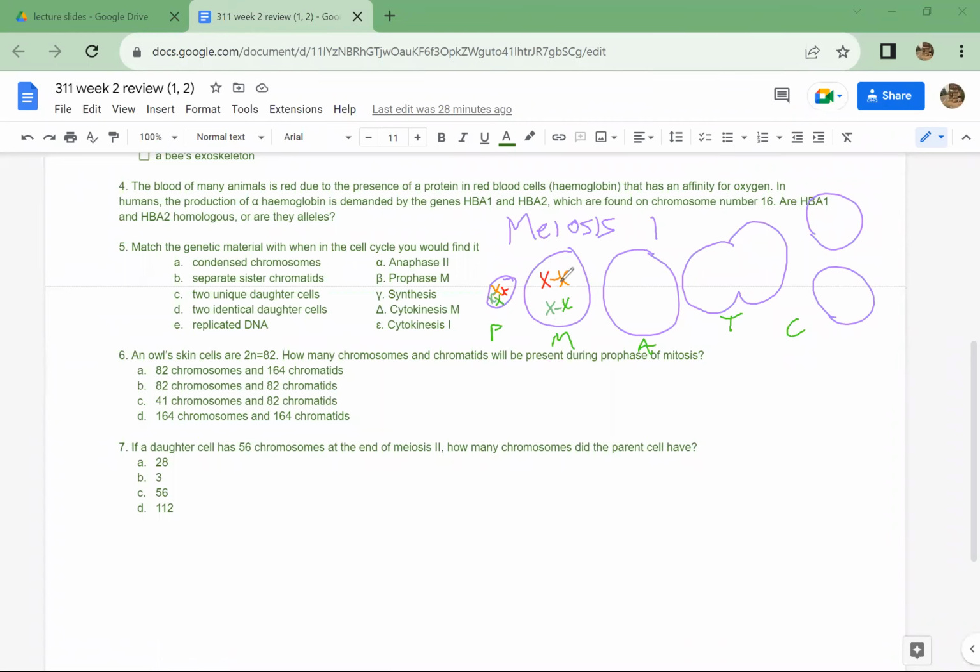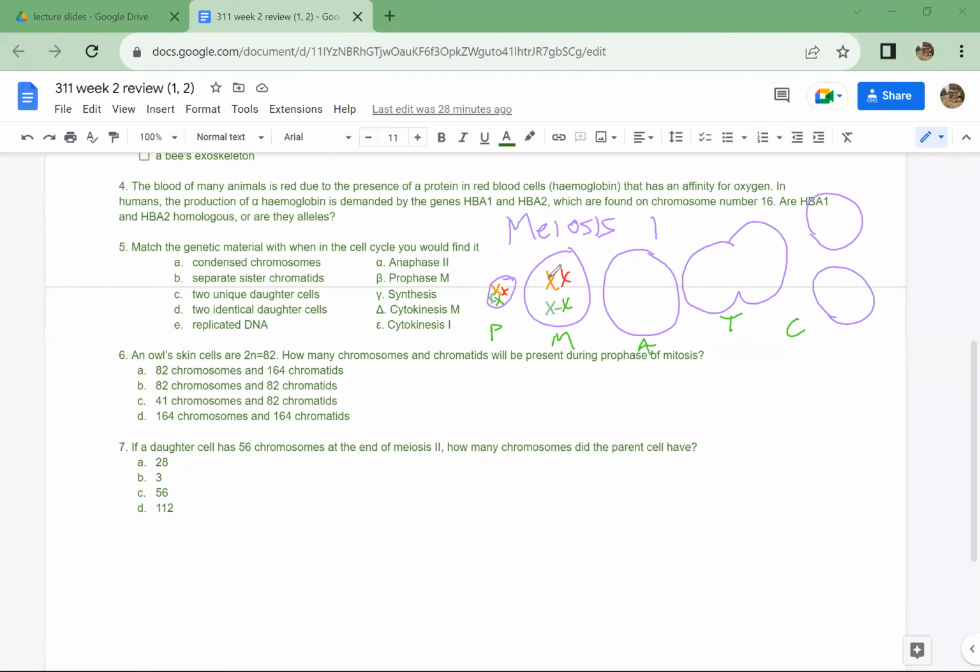And that is where you see that we know homologous chromosomes line up in their pairs in the center. However, it doesn't have to be such that red is on the right and orange is on the left. It could be that red is on the left, or red is on the right, and orange is on the left.